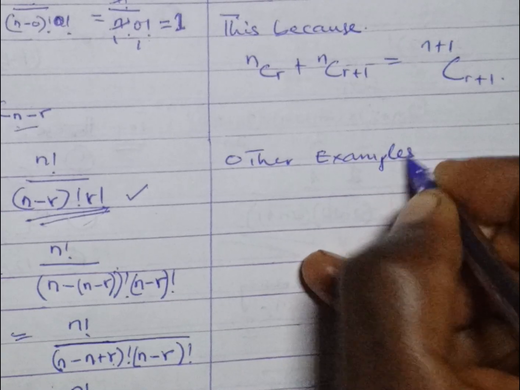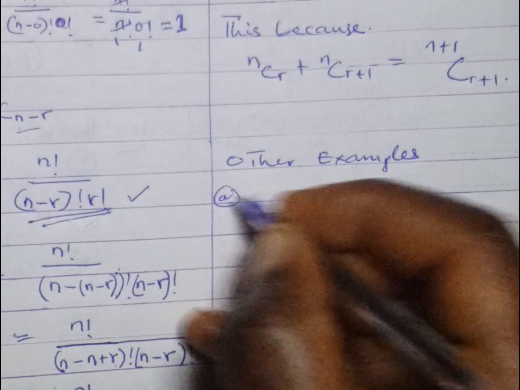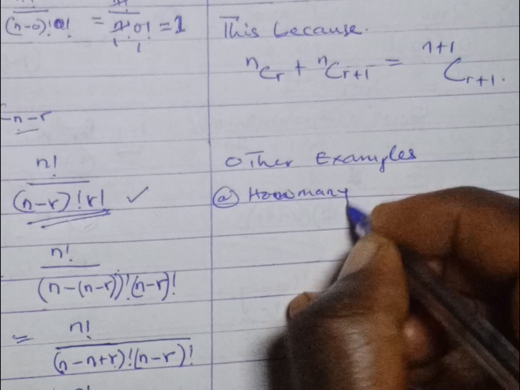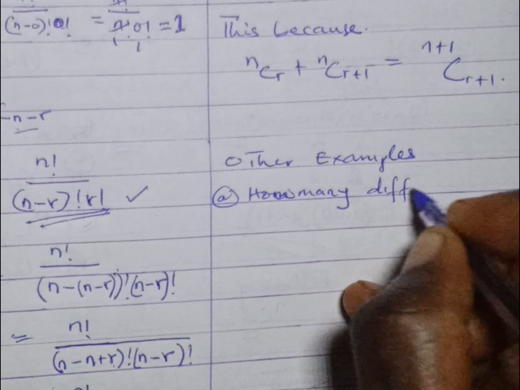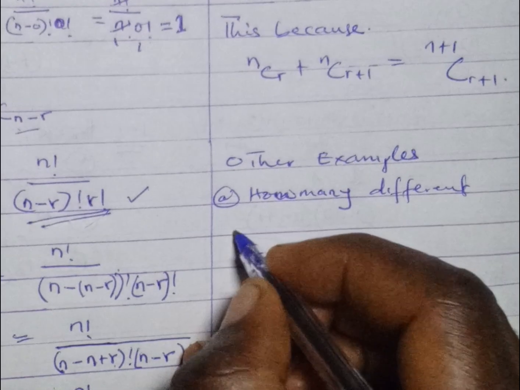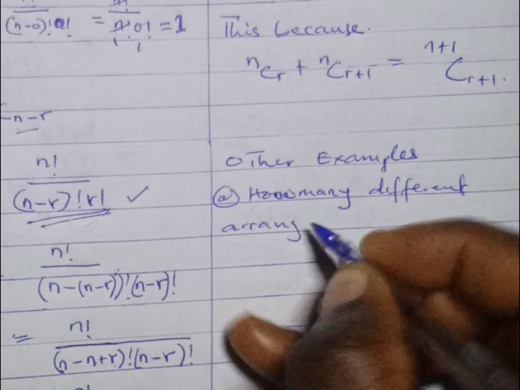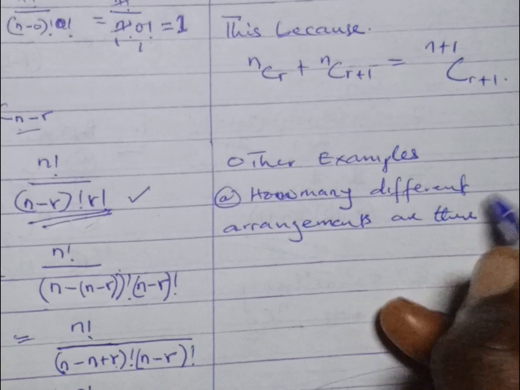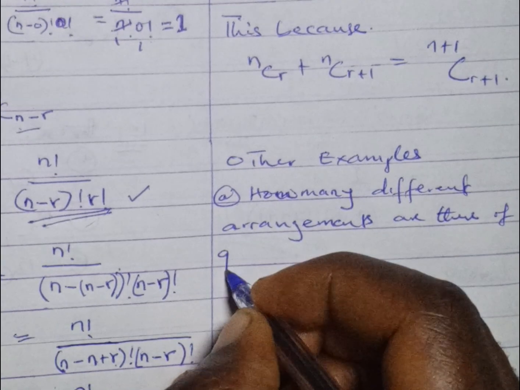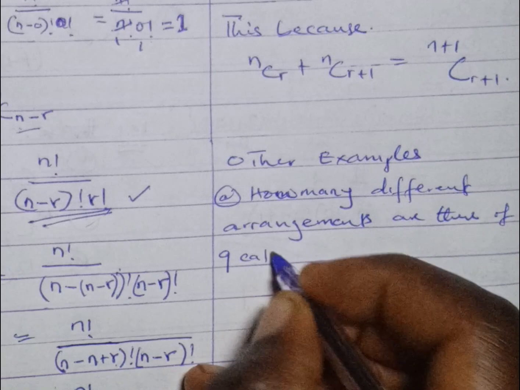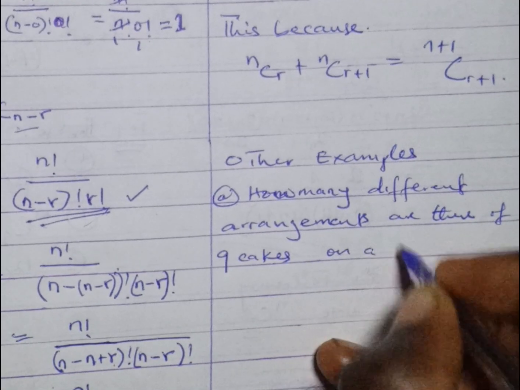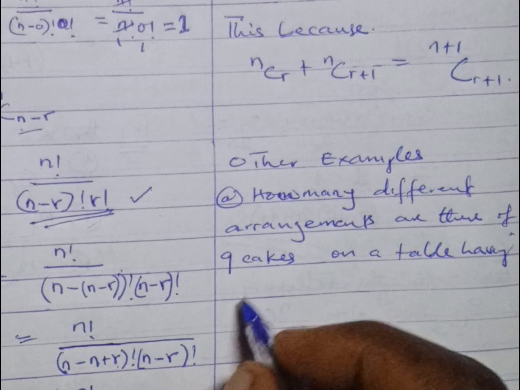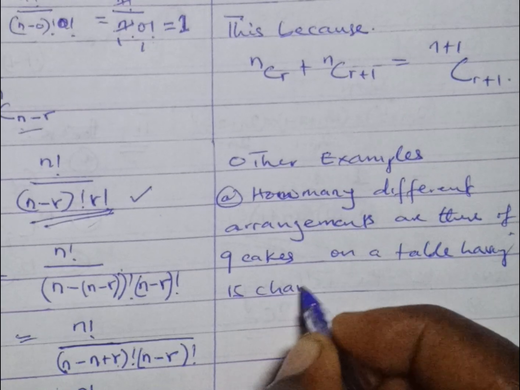You might see something like: how many different arrangements are there of 9 cakes on a table having 15 chambers.